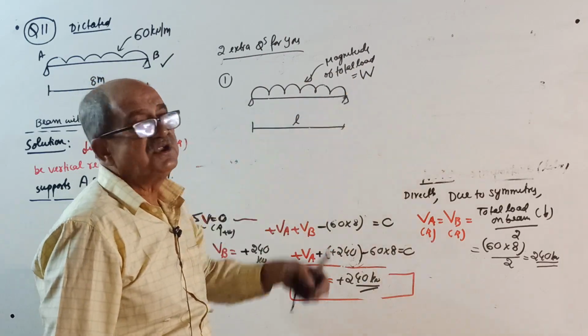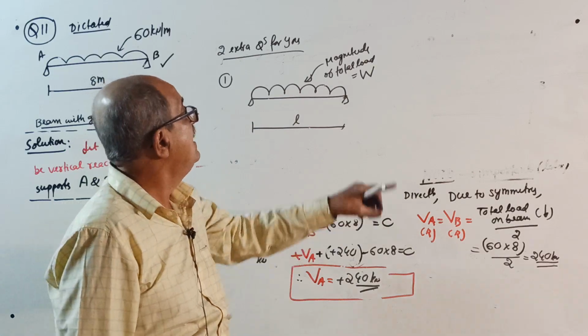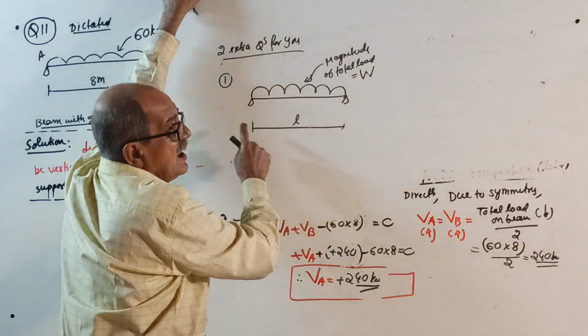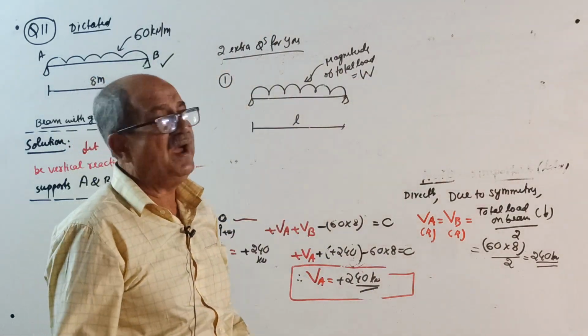Therefore, if you want shearing force and bending moment diagram, you require intensity, then the W should be divided by L. But here, not required.